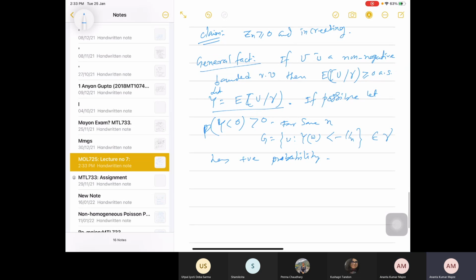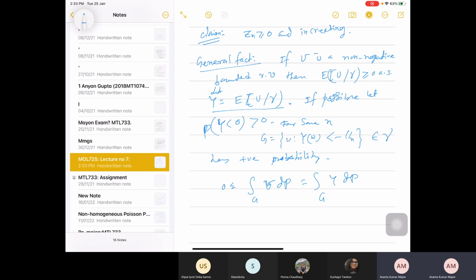This implies that 0 is less than or equal to the integral over g of U dP, because U is non-negative, as we know from the integral.